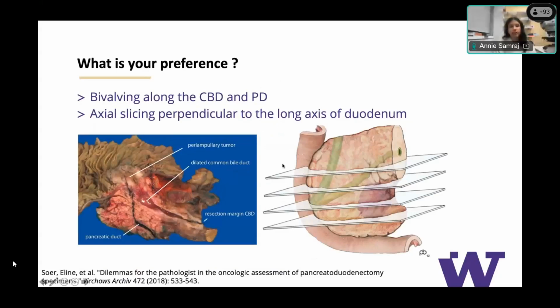And the other method, which is slightly more complicated and which is unfortunately or fortunately the way we do things on this side, is the bivalving method, where the pancreas is opened up like the pages of a book, and you get two halves of the pancreas, and it is sliced along the common bile duct and the pancreatic duct.